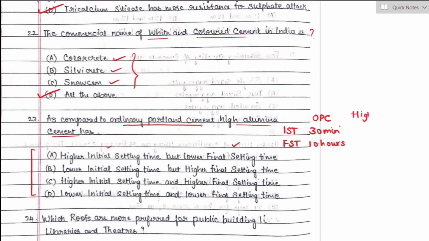But for high alumina cement, the initial setting time will be 3.5 hours, where the final setting time will be 5 hours. So by comparing these initial and final setting time values, we can conclude the high alumina cement has higher initial setting time, that is 3.5 hours, but lower final setting time of 5 hours compared to ordinary Portland cement. So the right answer is option A.